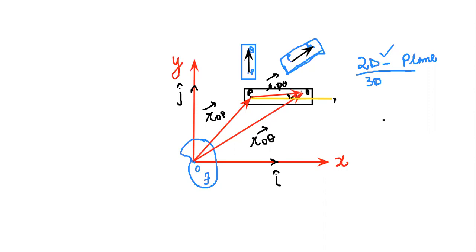This was the initial angle that RPQ was subtending. Let's call that theta, and this theta will vary with time, as we will see. So initially, before the start of the motion, the angle between PQ and the x-axis was theta(t).